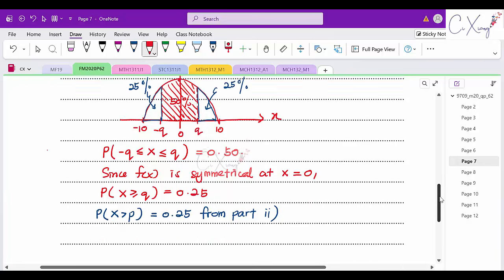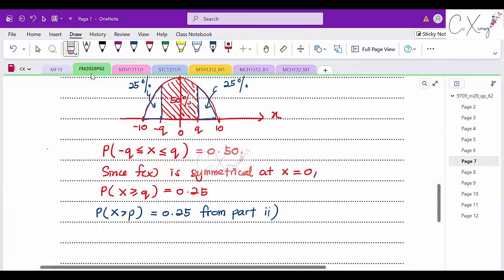Then at the same time, we get x greater than P is also equal to 0.25 from part number 2. And it is given that P equals 3.47. So from all these facts that we write out, we know that Q is equal to P, and Q should be equal to 3.47.